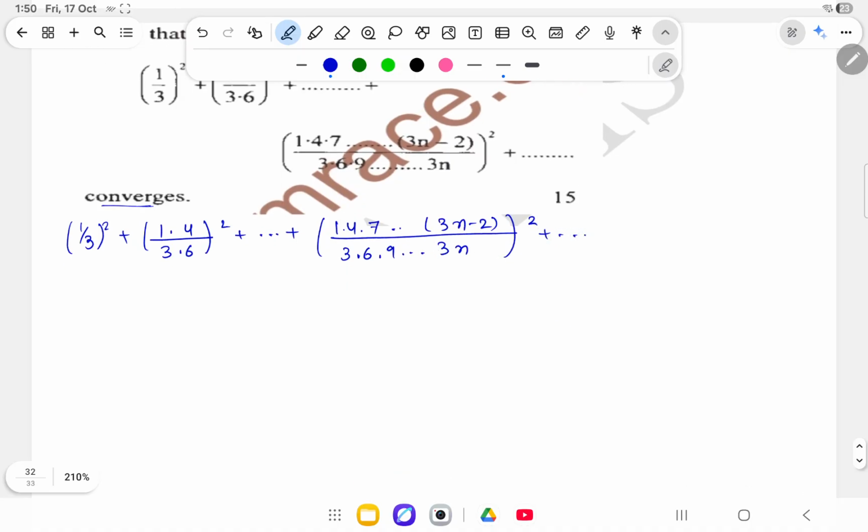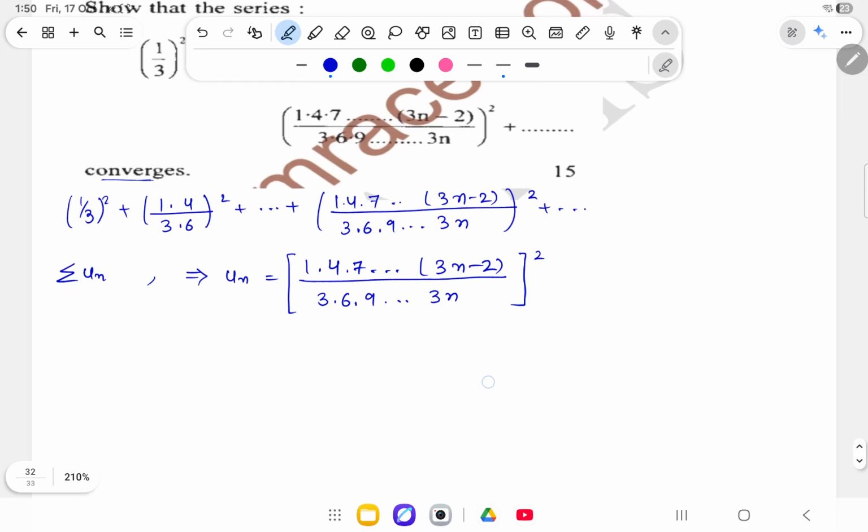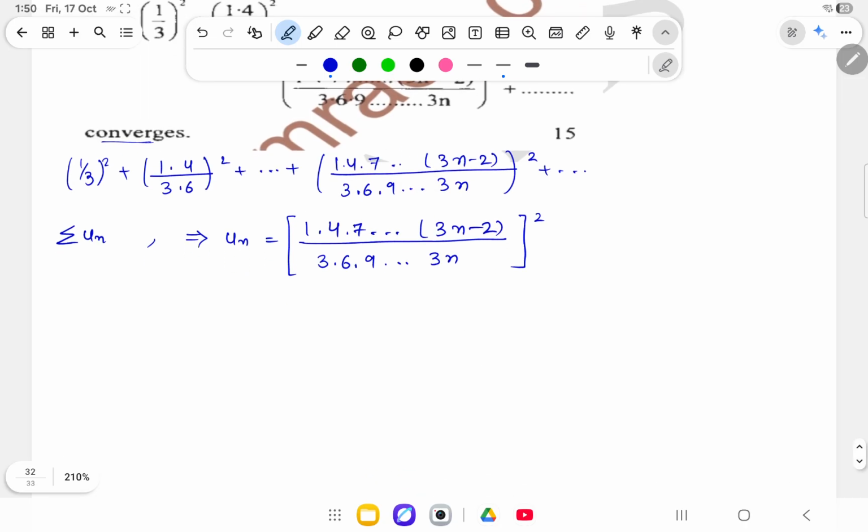So from here, if my series is summation un, then my un term will be equal to 1 times 4 times 7 up till 3n minus 2 divided by 3 times 6 times 9 up till 3n whole square. Now first let's just use ratio test and see if we are able to conclude something from there.